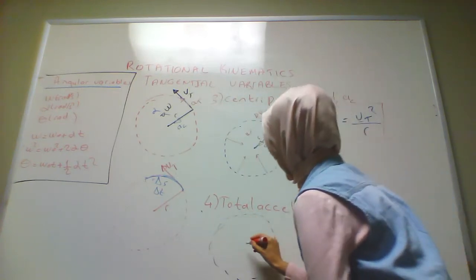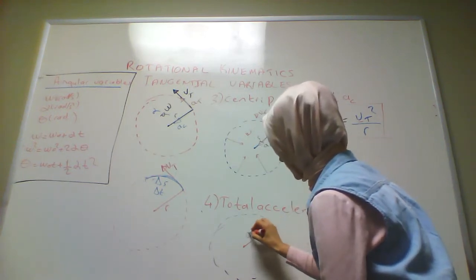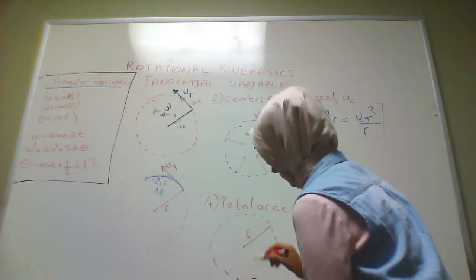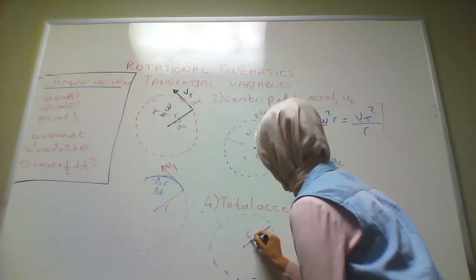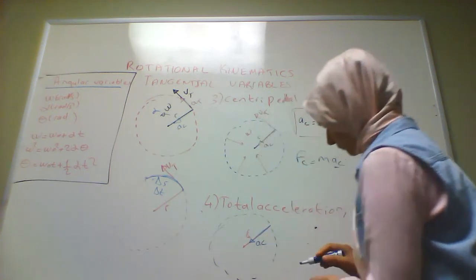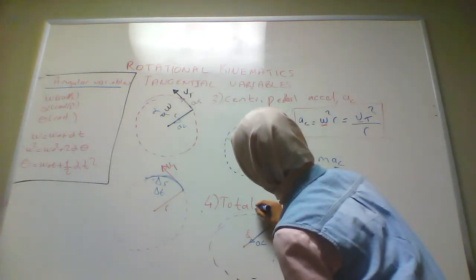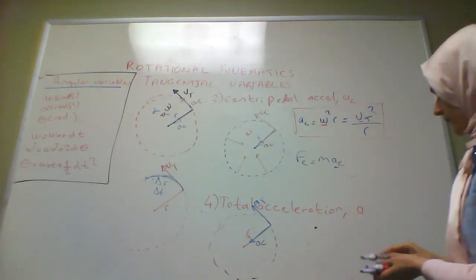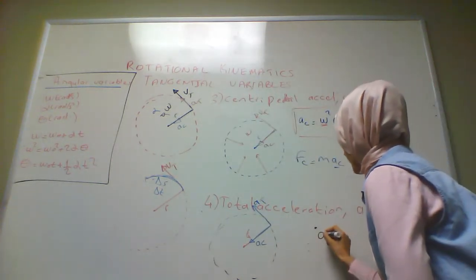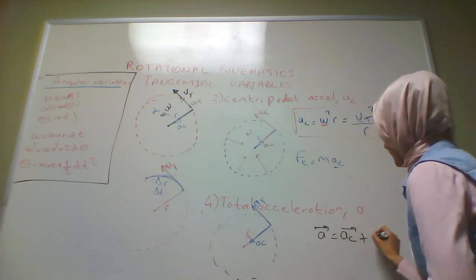Okay. We have a non-uniform circular motion. We have R. We have a centripetal acceleration, AC, towards the center always. And we have now a new type of acceleration, AT, tangential acceleration. The total acceleration A is the vector sum of these two accelerations.